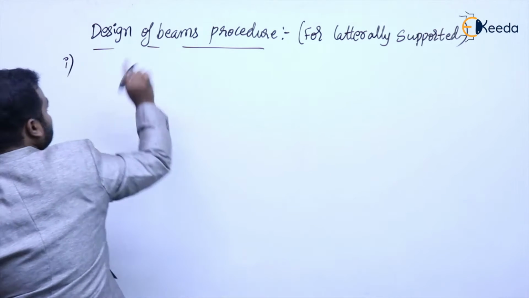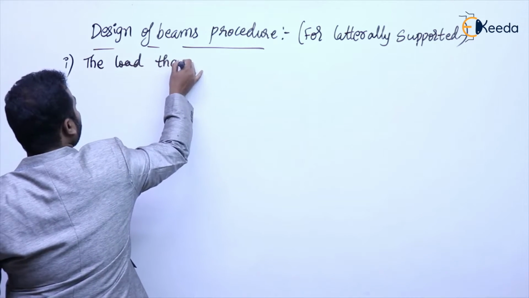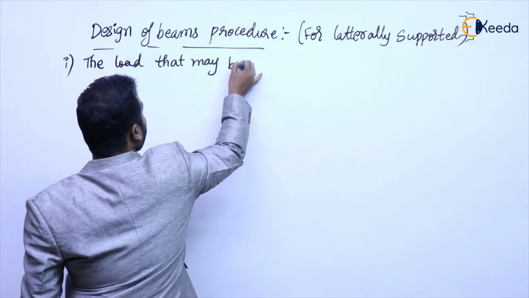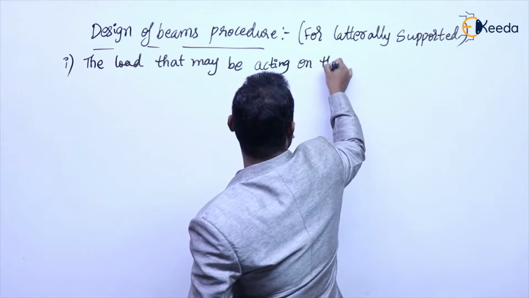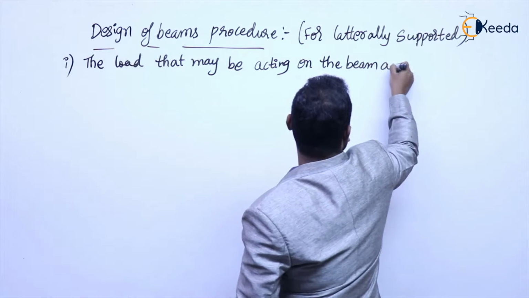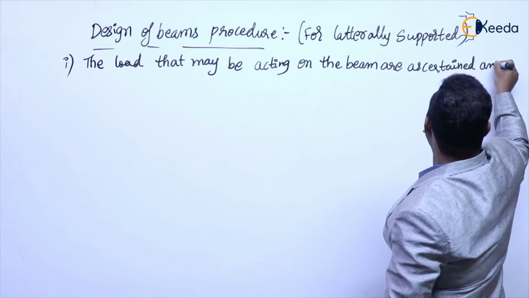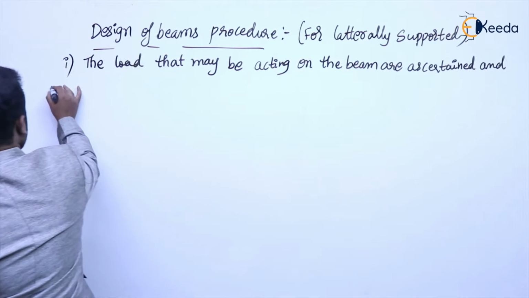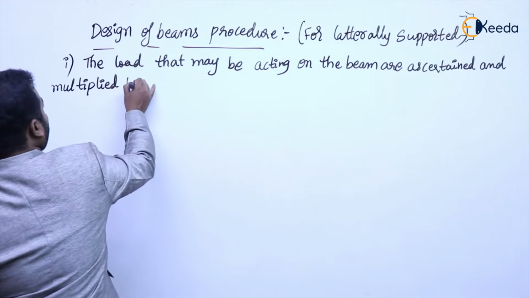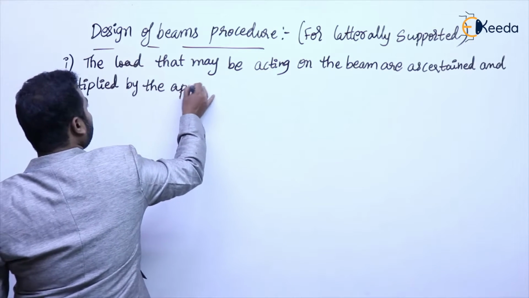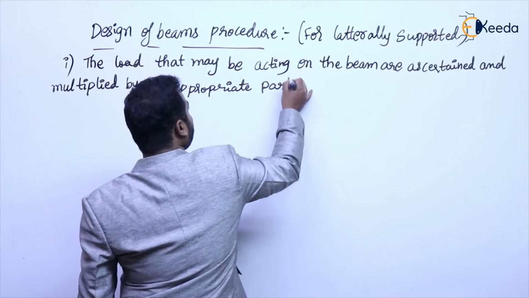So the first step in the design of beams is that the loads that may be acting on the beam are ascertained and multiplied by the appropriate partial load factors.